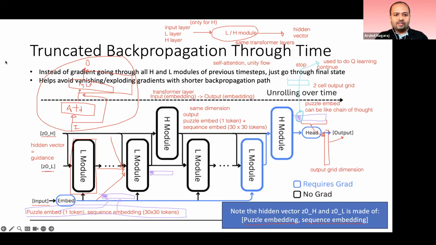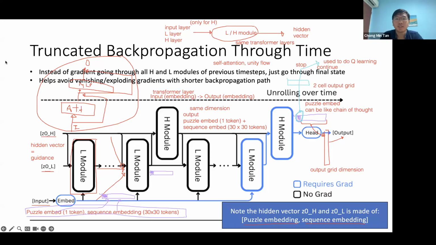And every single puzzle needs to have its own Q learning module, which is to say, for this particular puzzle, should I halt or continue? And each of those puzzles may be running for varying amounts of time. Some of it might be easy puzzles, you're done, and then the H module will come and say, oh, the L is free, so here's the new guidance, let's start over. So I think that's where the puzzle embed really helps while you're doing training in batches.